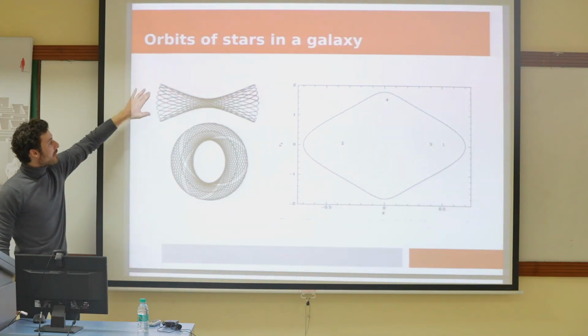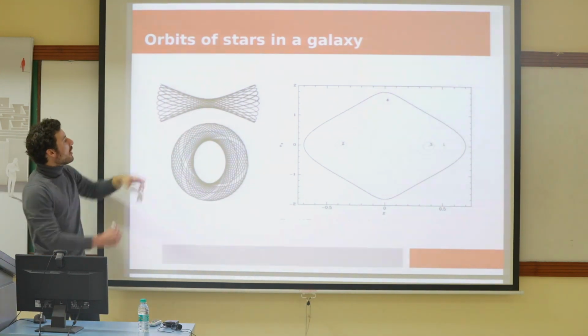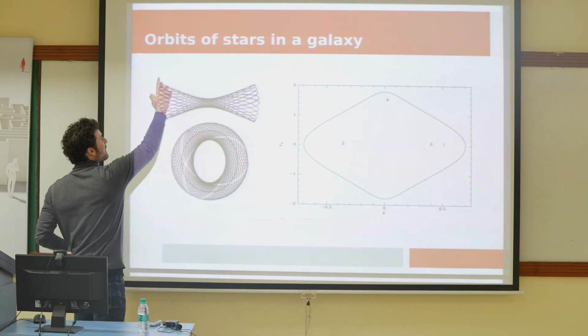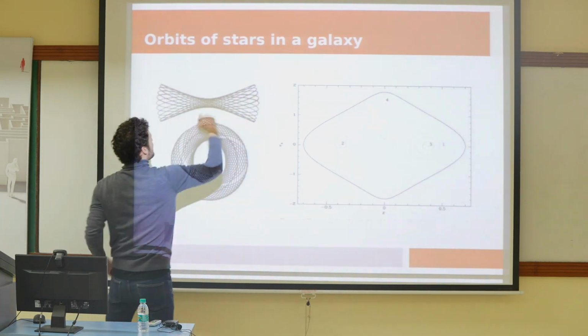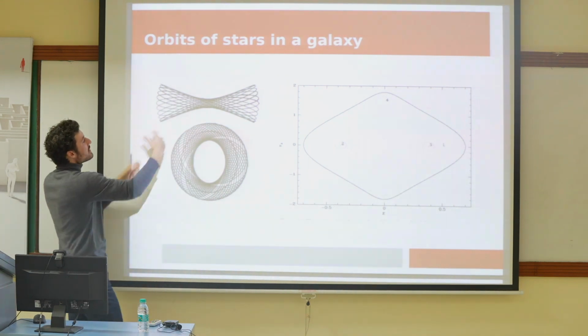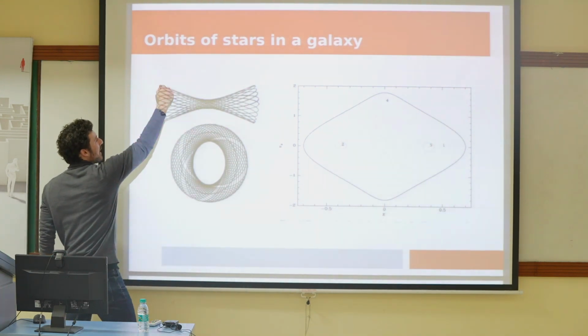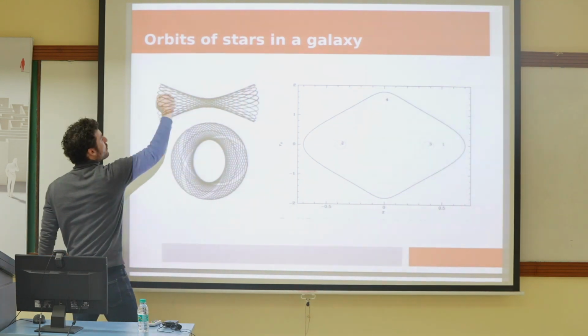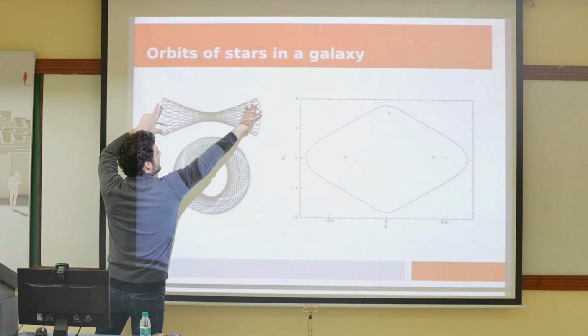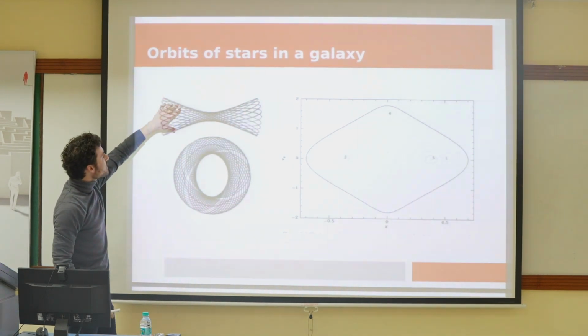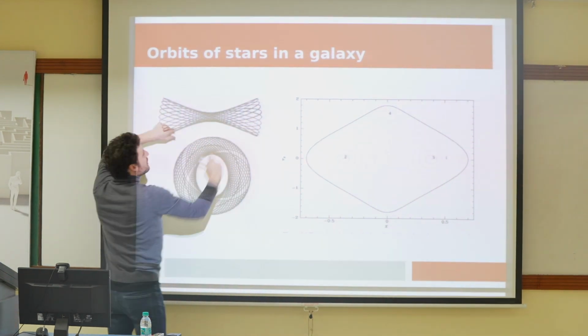This is what happens if you have something that looks like a harmonic potential. This is what's known as a box orbit. Here, this is the center of your galaxy, and you're moving around along this path. This kind of orbit is constrained in space, but it goes through the center of the galaxy.